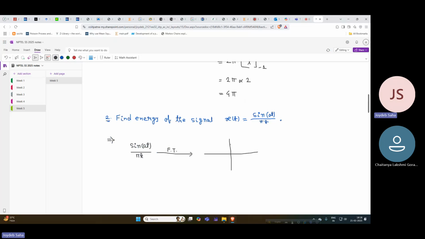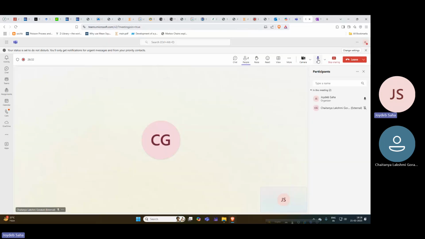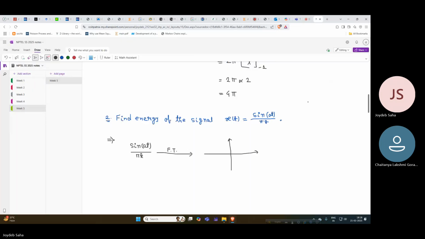How will it look like? It will be from minus a to plus a, and its value will be 1. So this is X(omega).